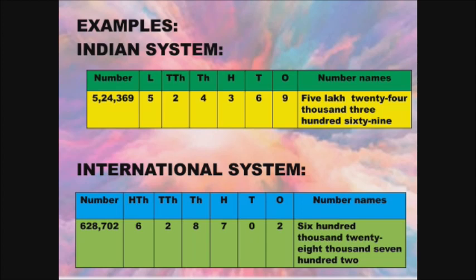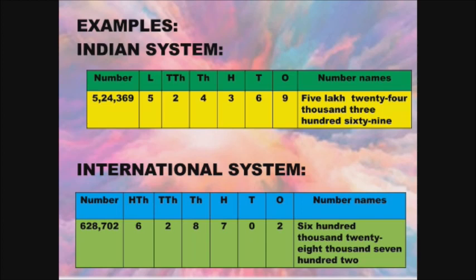So 9 is placed in ones place, and 6 is placed in tens place, 3 is placed in hundreds place, 4 is placed in thousands place, and 2 is placed in 10,000s place, and finally 5 is placed in lakhs place. And the last column is number names. So we have to read this number as 5,24,369.